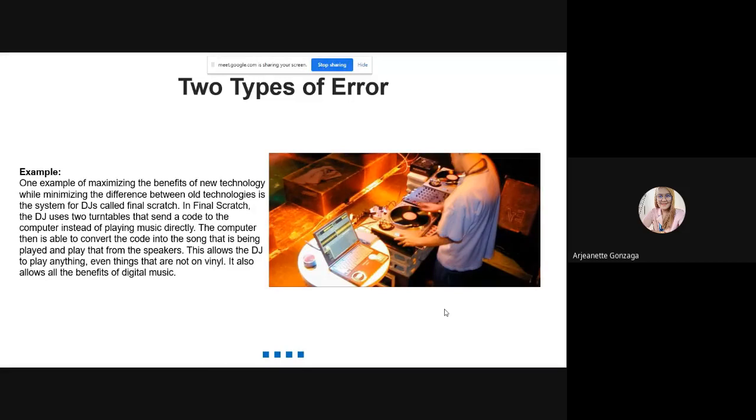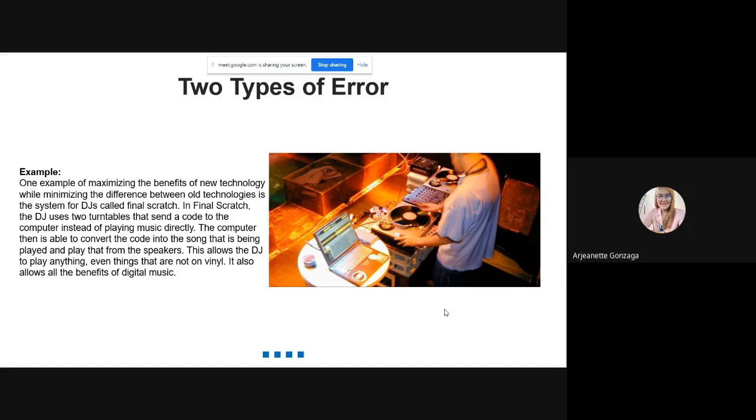So, next example pa, itong ating sa mga DJ, yung technology for the DJs while minimizing the difference between the old technologies, yung system ng DJs called the Final Scratch. Yung Final Scratch, the DJ uses two turntables that send a code to the computer instead of playing music directly. So the computer then is able to convert the code into the song that is being played and play from the speakers.